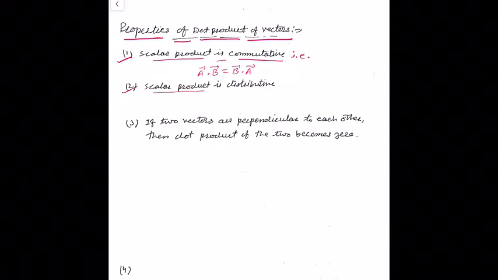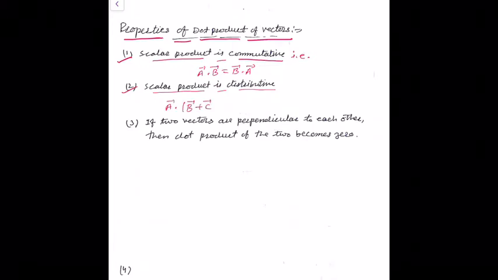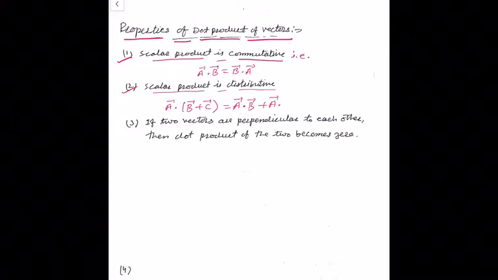Second, scalar product is distributive, means A vector dot (B plus C) is equal to A vector dot B vector plus A vector dot C vector.